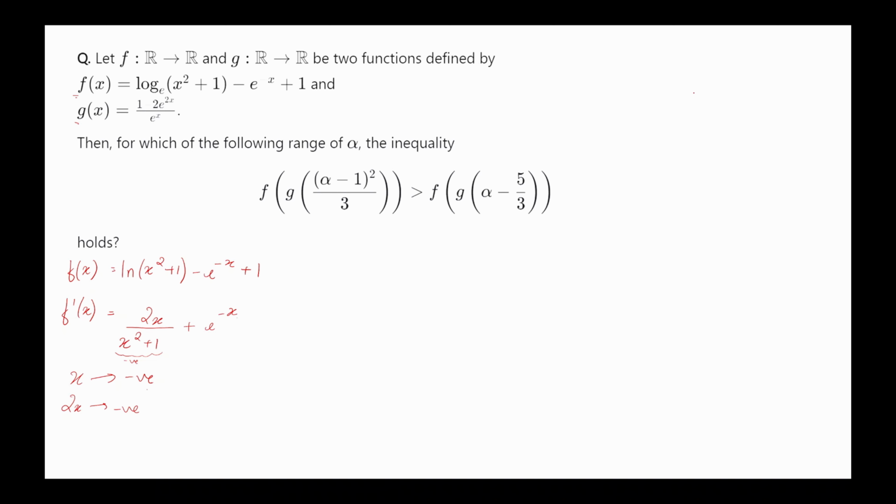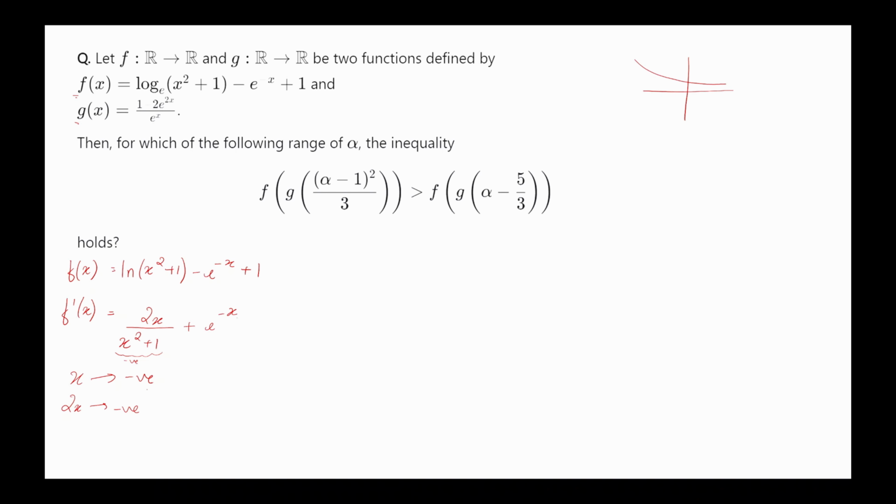We know how our graph of e to the power minus x goes, right? My e to the power minus x graph would be somewhat like this. Of course, it is going to be exponentially decreasing, but it can never be negative, right? So it is always going to stay positive. So this is going to be positive, and my 2x is going to be negative.